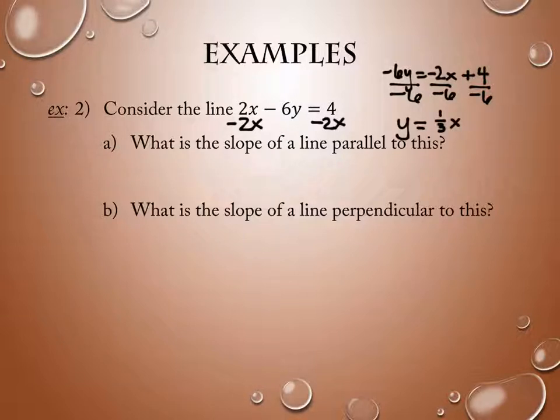And then 4 divided by -6, although it doesn't really matter for the sake of our question, is -2/3. So in that form, can you identify for me what's the slope? It's 1/3. Good. So what is the slope of a parallel line to the line that we're given? It's 1/3. And what is the slope of a perpendicular line to the one we're given? -3.